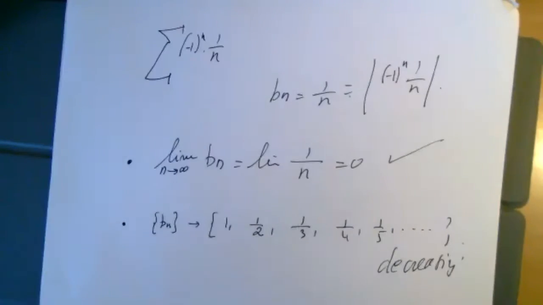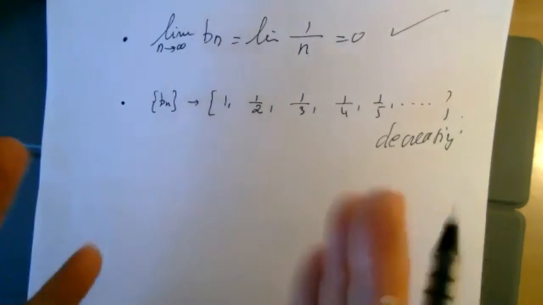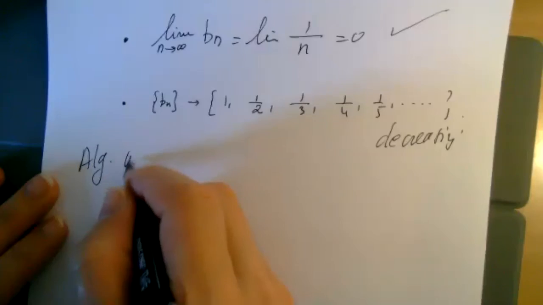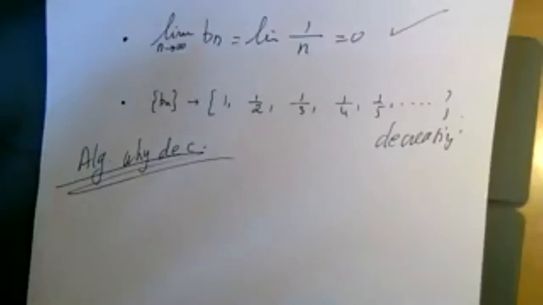Okay, but now let me show you algebraically how you show that it is decreasing. So why is it decreasing algebraically? What does it mean?